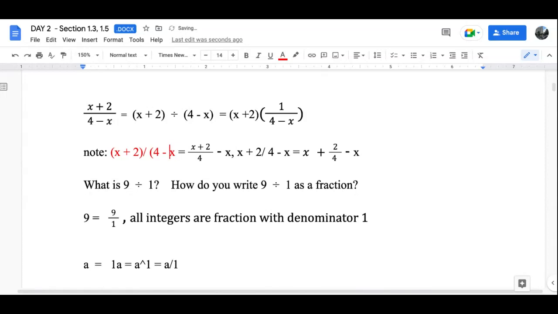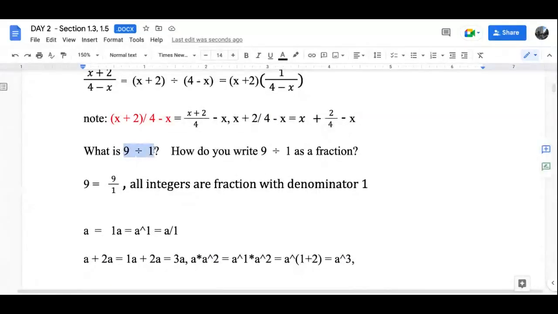But without parenthesis, the denominator is only 4. Then minus x. You see the difference? If we don't write parentheses around the numerator, that would be only 2 divided by 4. If we indicate the whole thing divided by, we have to put a parenthesis around.